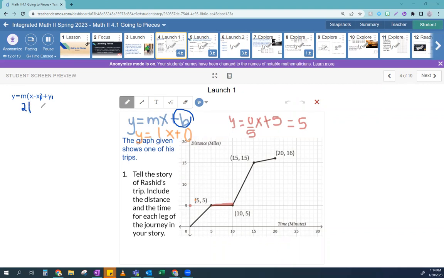And then what would happen is you would use a point. Now you can use the point 10, 5 or 15, 15, whichever one you want to do, and then just plug it in. So here I'm going to write, oops, I think I didn't give myself enough room because Miss Johnson, she writes big. So I'm going to write x minus, and then I'm going to leave some space, and parentheses.